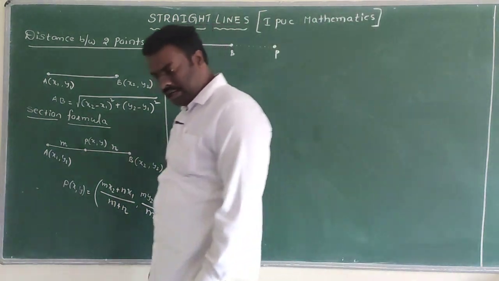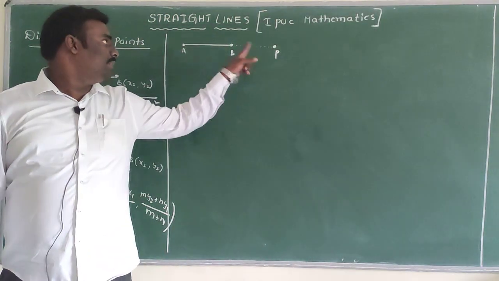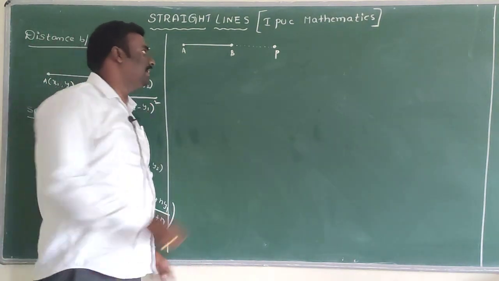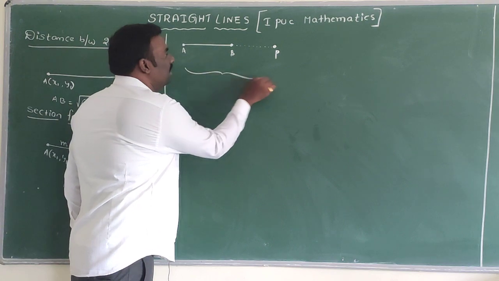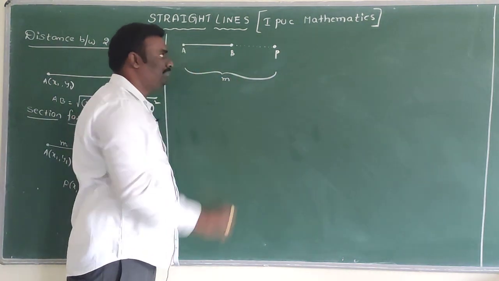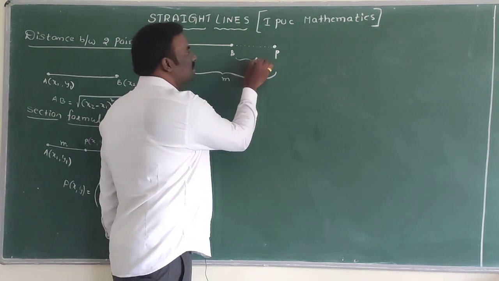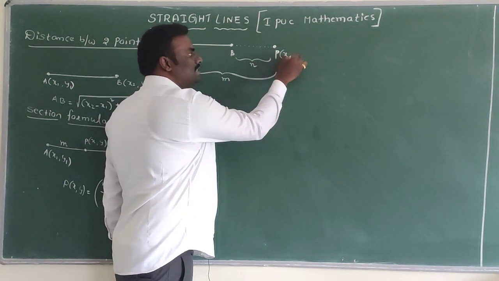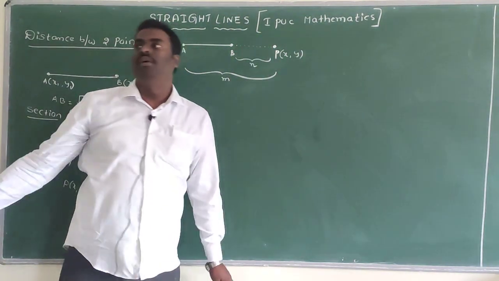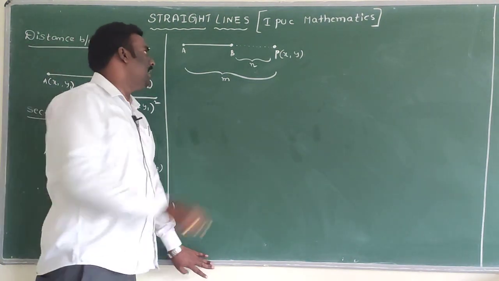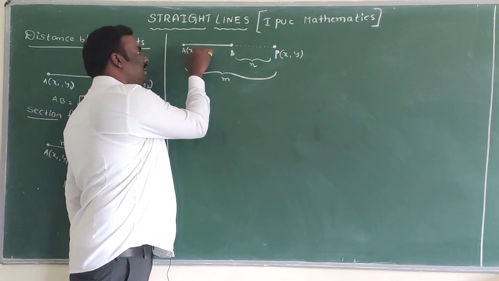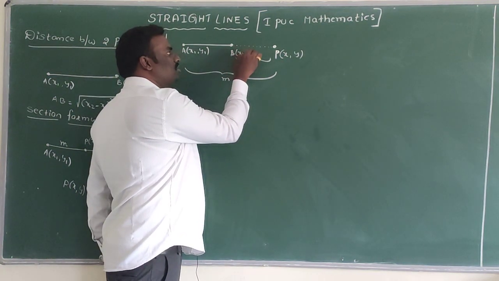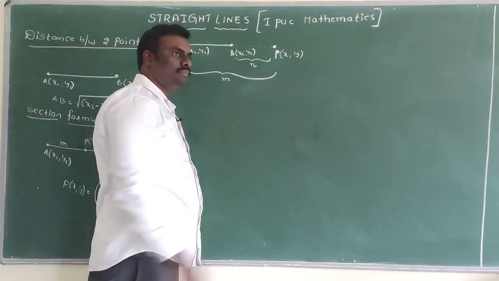Now here P divides AB in the ratio m is to n. That is nothing but this total distance can be taken as m and this distance taken as n. The point P is x comma y and capital A is x1 comma y1 and capital B is x2 comma y2.